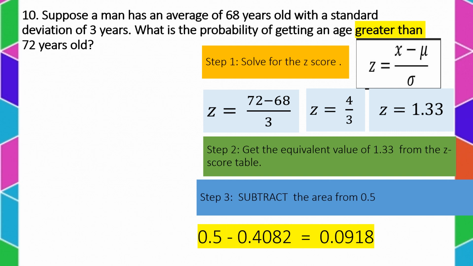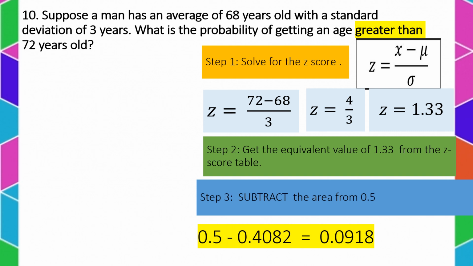So this is the equivalent value of our z-score, 1.33. We will get 0.091. Okay, subtraction yung gagamitin natin. Since meron tayong clue na greater than, and then our z-score is positive.